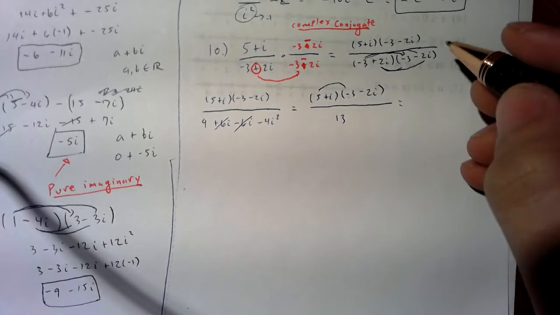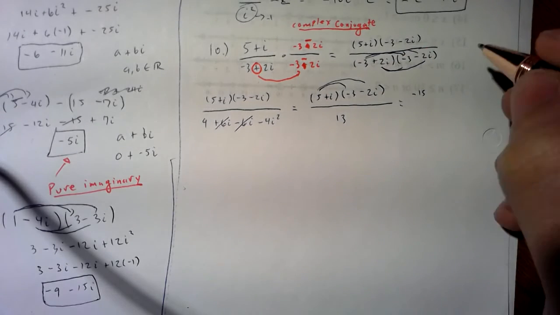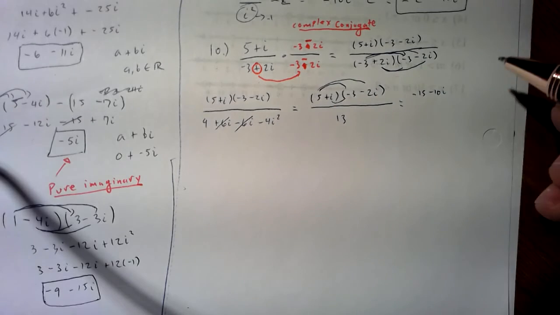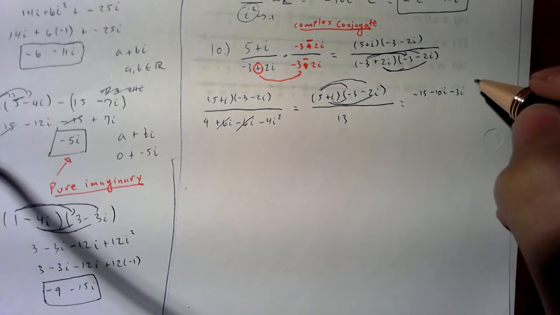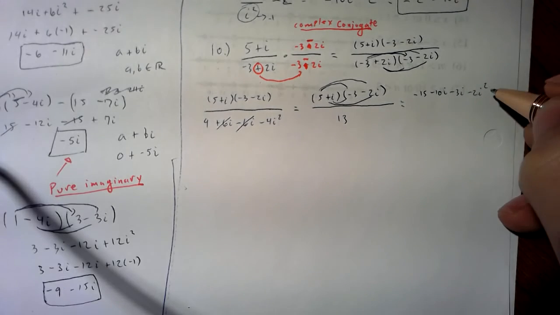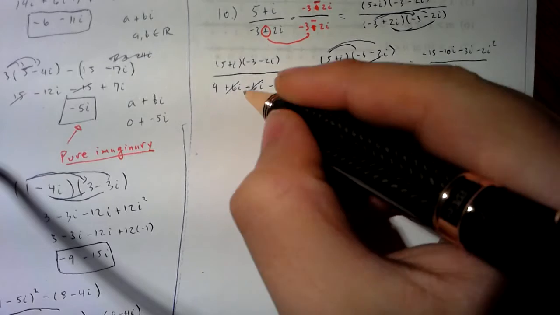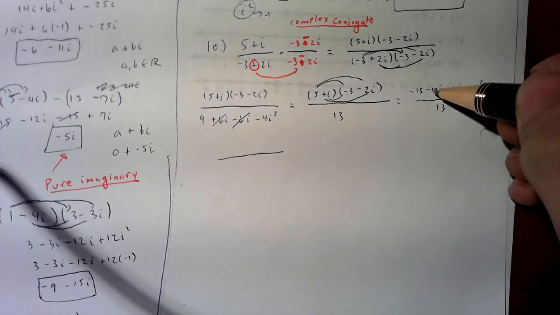So 5 times negative 3 is negative 15. 5 times negative 2i is negative 10i. i times negative 3 is negative 3i. And i times negative 2 is negative 2i squared, over 13. Okay, so now we can go ahead and start simplifying.